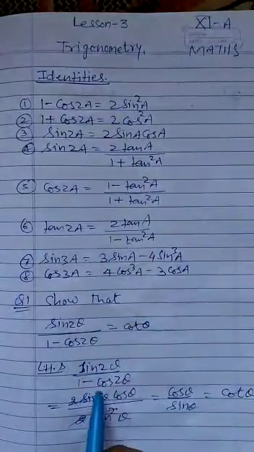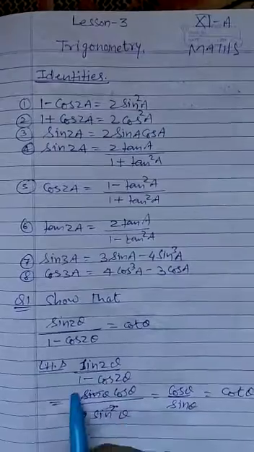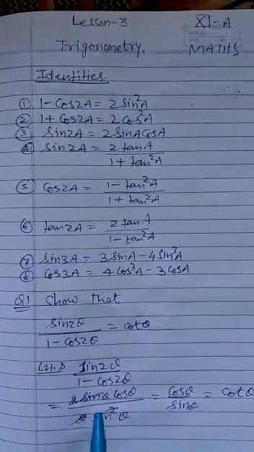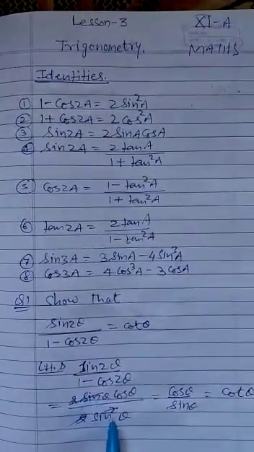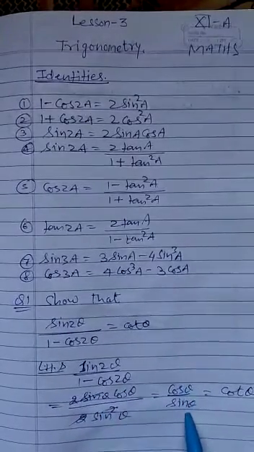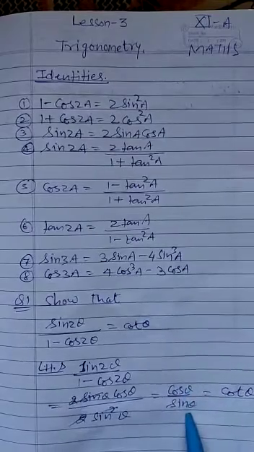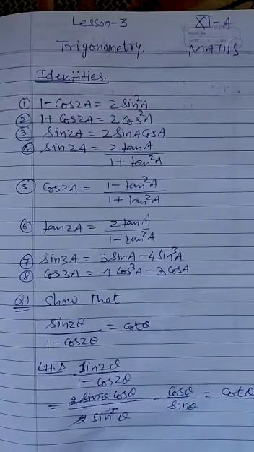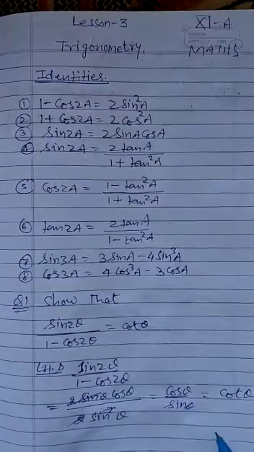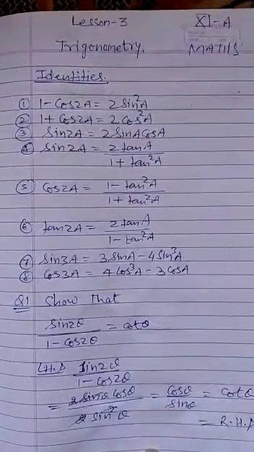So convert this in terms of 2 sin square theta. Now 2 and 2 will cancel out, one sin theta will cancel out, and what is left? Cos theta upon sin theta is left, and we know that cos theta upon sin theta is equal to cot theta. In this way we get our result equal to RHS, hence proved.